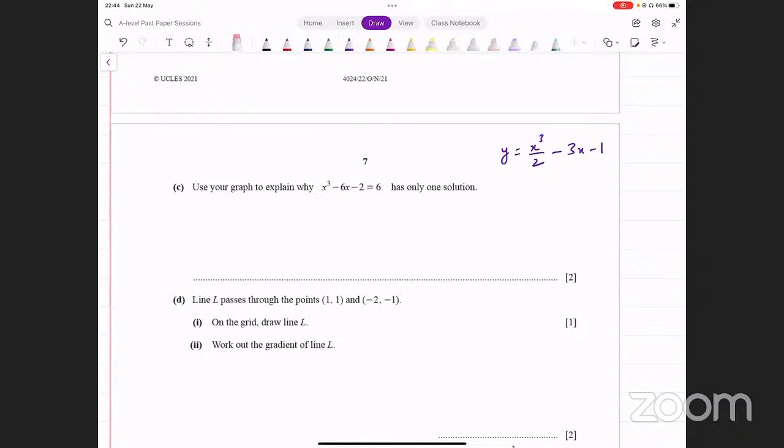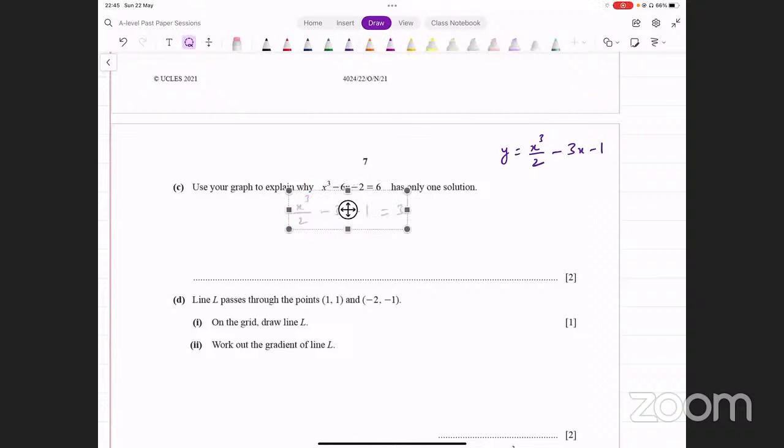Now, if you think about it, what happens if you divide this equation by 2? On the left side you'll get x cube over 2 minus 6x over 2, since we're dividing the whole equation by 2. 6x over 2 is going to be 3x, 2 over 2 is going to be minus 1, and on the right side you've got 6 over 2, which gives you 3.